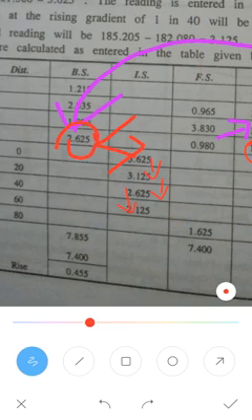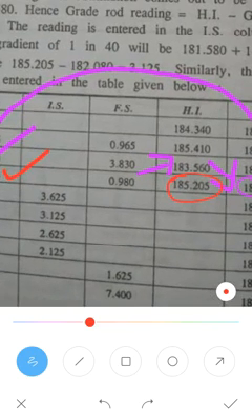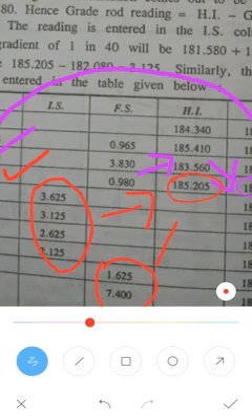Now you got the HI, 185.205. As soon as you get HI, if the values are in IS or FS, simply do HI minus either IS or FS, and write the RL in the respective row.